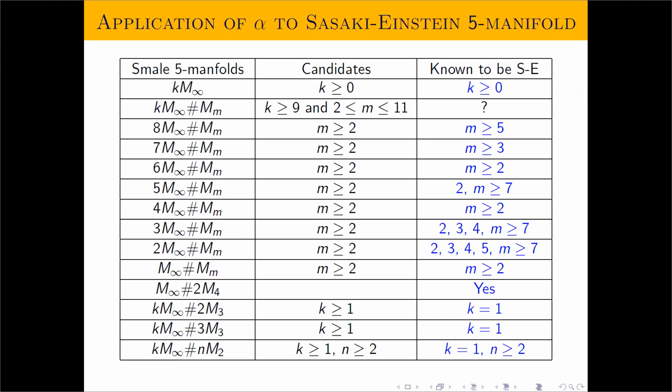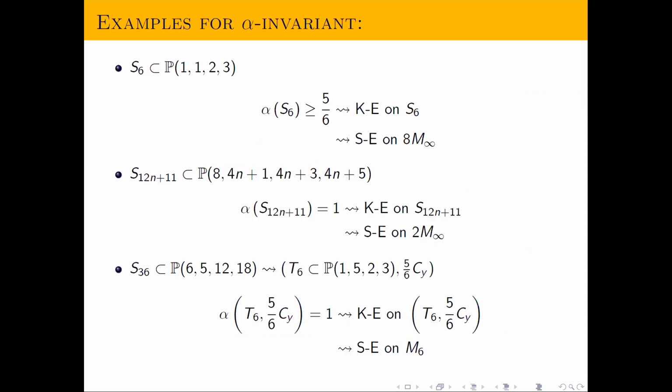Right. So let me give you some examples. Let's start with the simplest one. The first example is the smooth del Pezzo surface of degree 1, which is the weighted hypersurface of degree 6 in P(1,1,1,2,3). And nowadays this alpha invariant is easily calculated, which is known to be at least 5/6.